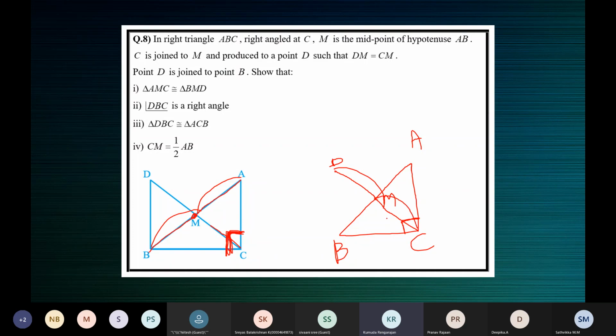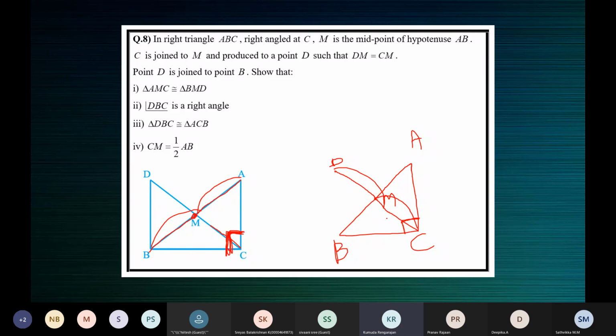What does that mean if DM is equal to CM? It means M is the midpoint of the line segment DC.